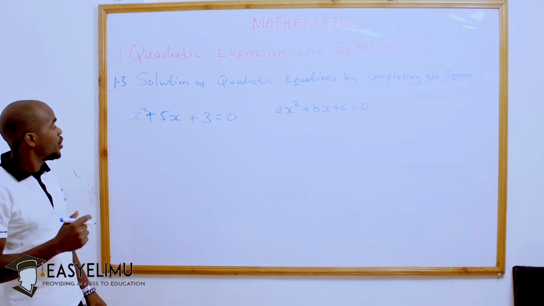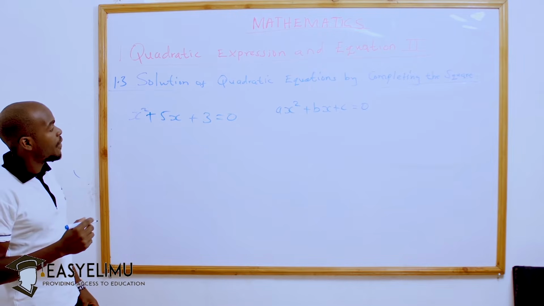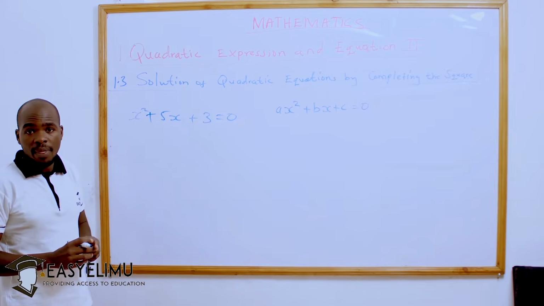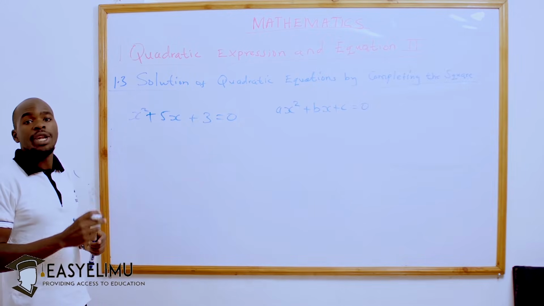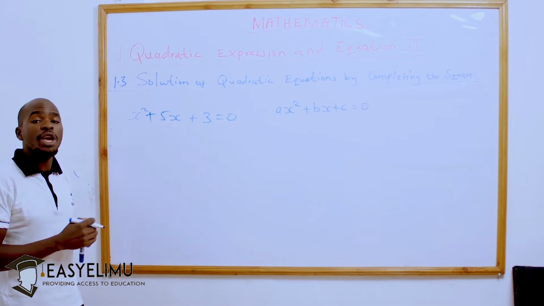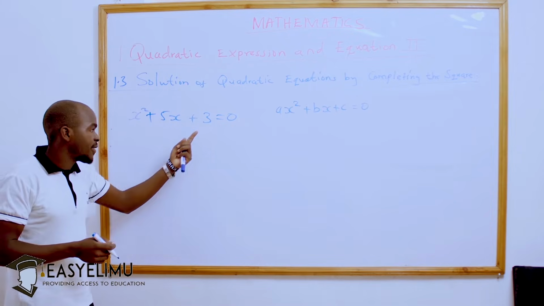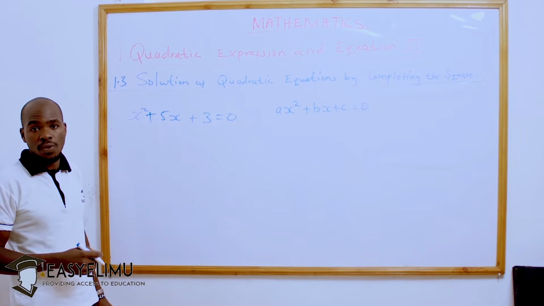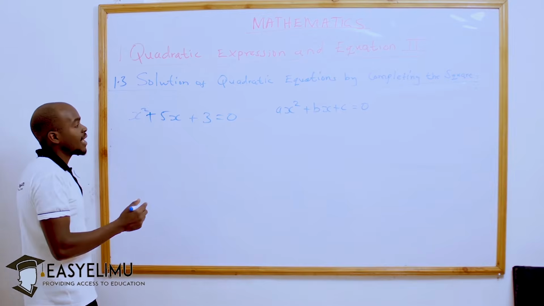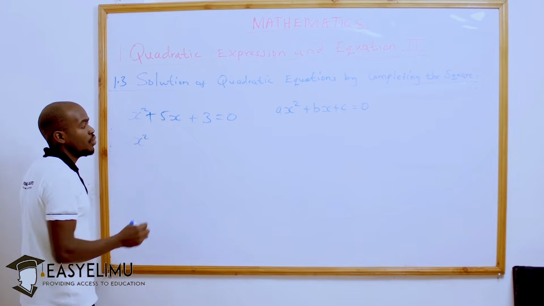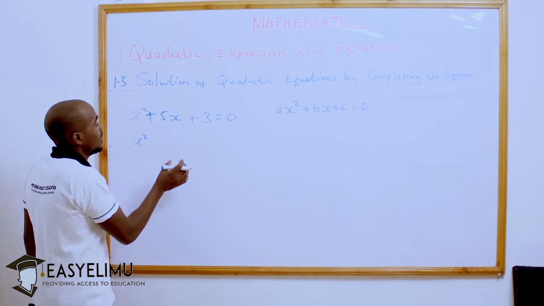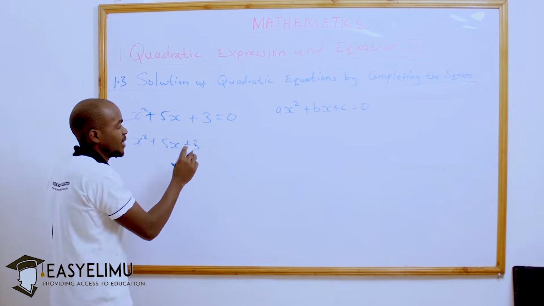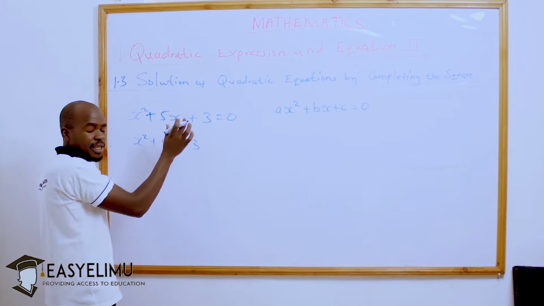Now what we shall do here, we shall take the 3, here it is positive 3. We need to do something on it so that we may complete the square. Though c is present, we need to make sure that it is a perfect square. So what we shall do is subtract 3 on both sides, because this positive 3 is present here.